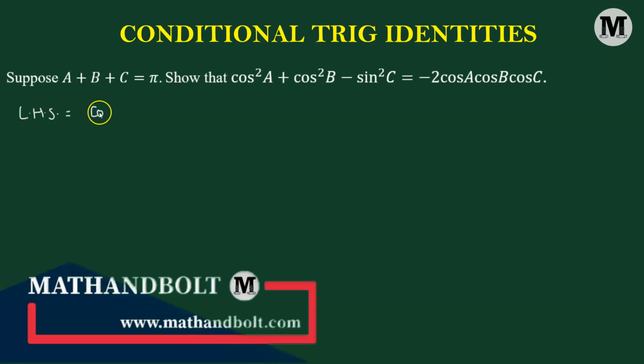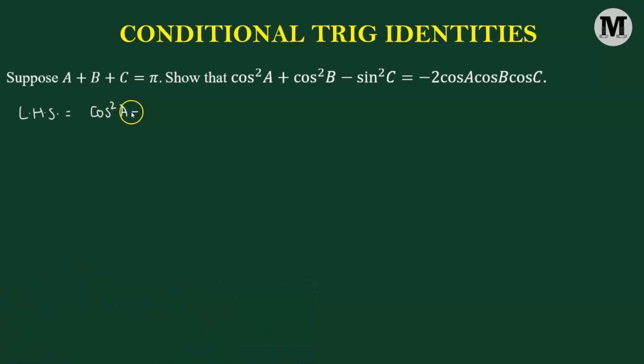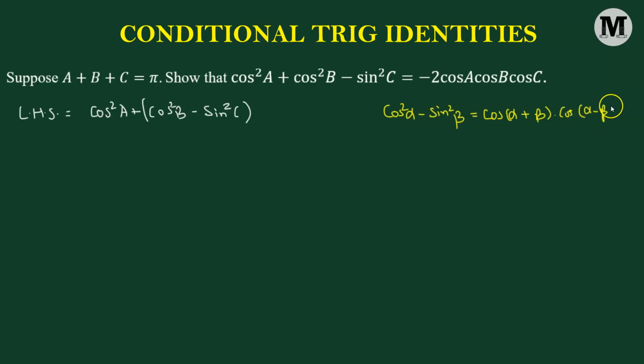Here we have cosine squared a added to cosine squared b minus sine squared c. Now we can easily combine the second and the third term because we have a standard formula. Whenever we have cosine squared alpha minus sine squared beta, this can be factorized to get cosine of alpha plus beta multiplied by cosine of alpha minus beta.